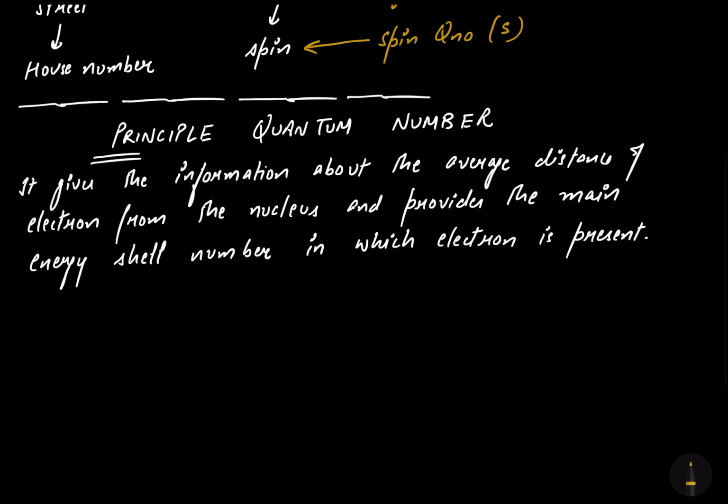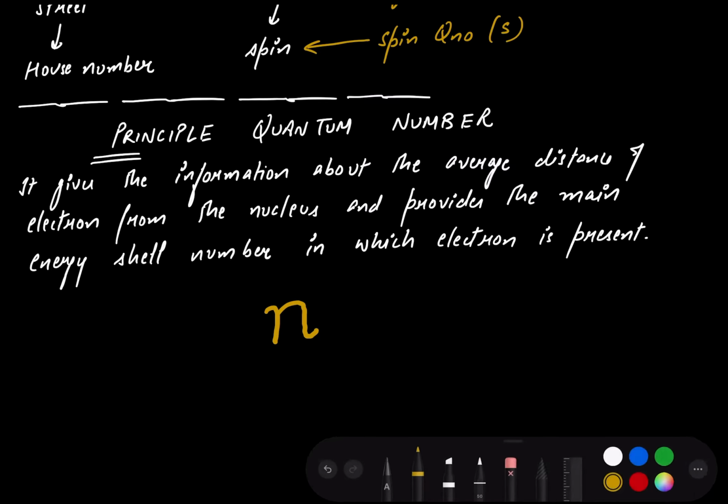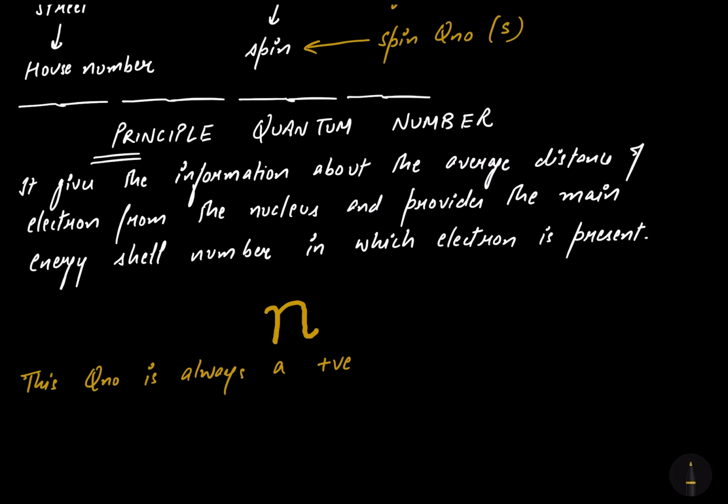This quantum number is represented by a small n, and this quantum number is always a positive integer and ranges from 1 to infinity.